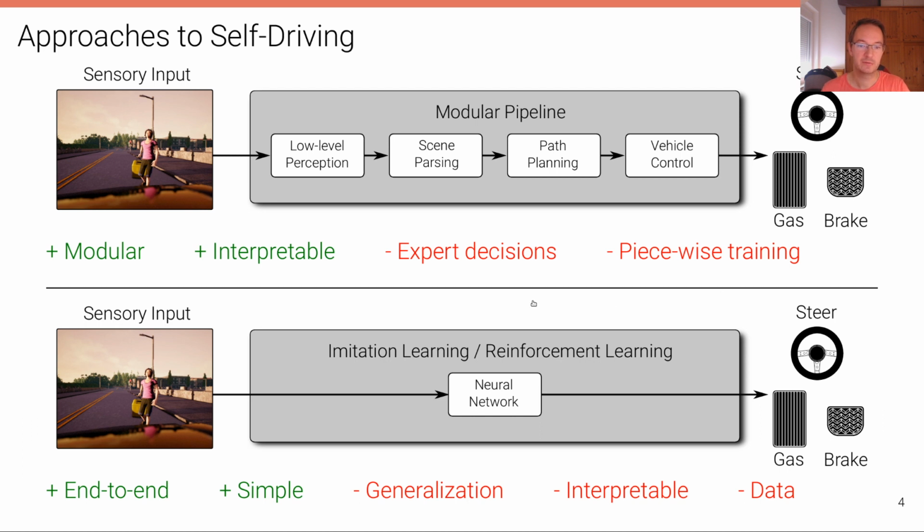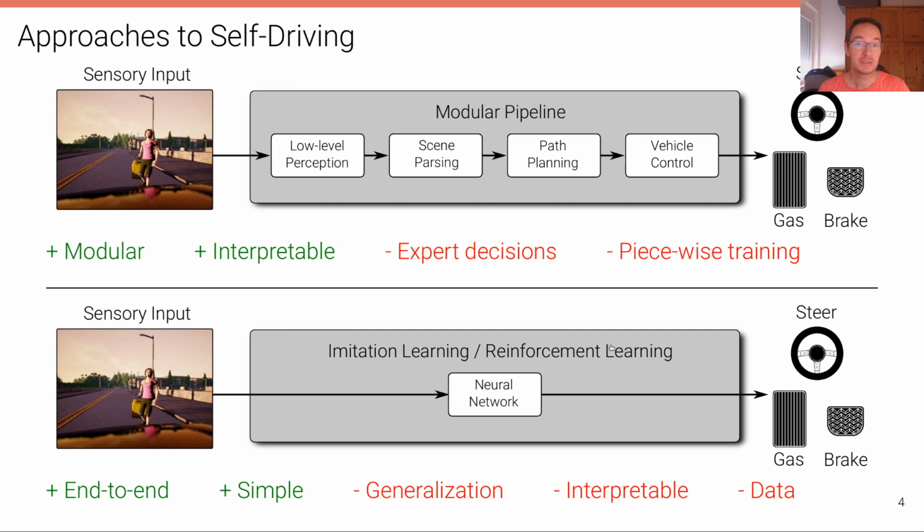On the other hand, we have end-to-end learning approaches where there is a monolithic machine learning model, for example, a neural network that takes the sensory input and maps that directly to the control commands of the vehicle, for example, steering and gas and brake.